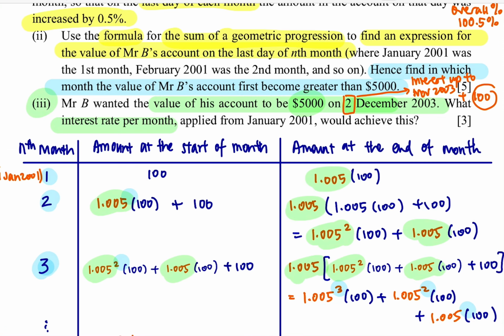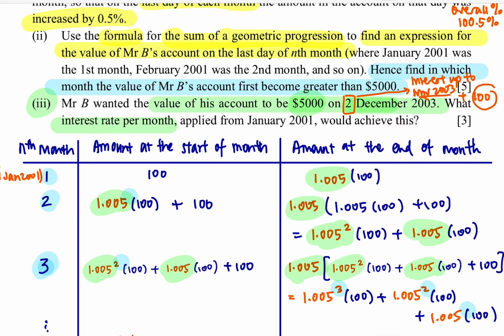A bit tricky, yeah? It still starts from January 2001, and then let's get going. If I want to use this particular amount at the end of the month, I need to note this 1.005 will no longer be correct. I can use X, and my job is to find X, then thereafter find the interest rate. The number of months, if I use the amount at the end, I will only use up to November 2003.